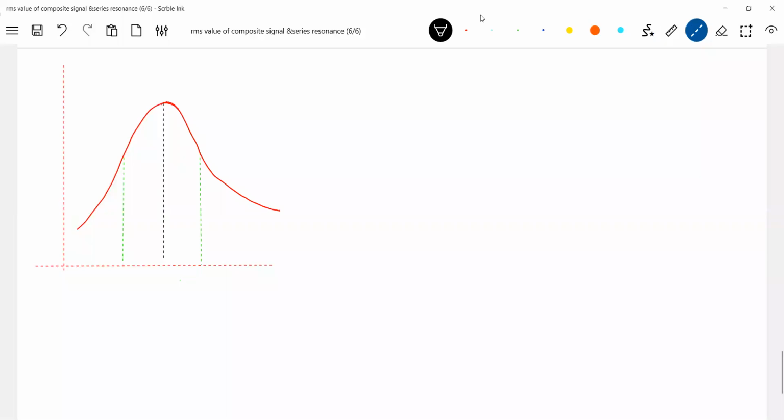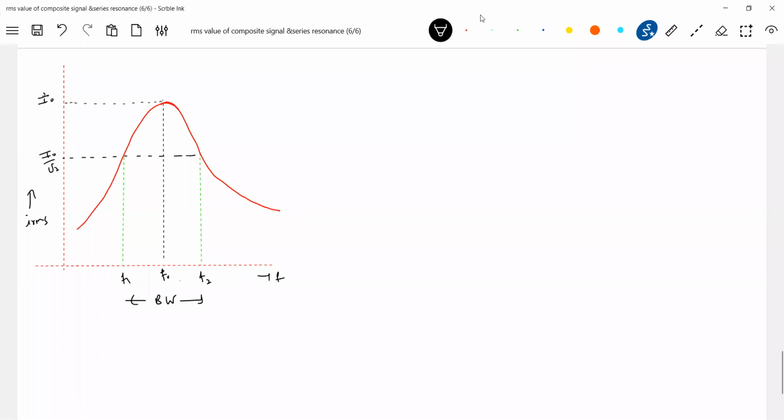We have the maximum current. That maximum current I'll denote by I naught. What I plotted is IRMS, and this is the frequency. This is the resonant frequency. This is the upper cutoff frequency, this is the lower cutoff frequency, and this quantity is called the bandwidth here. This IRMS only is what I'm plotting. This is the maximum value of that current.